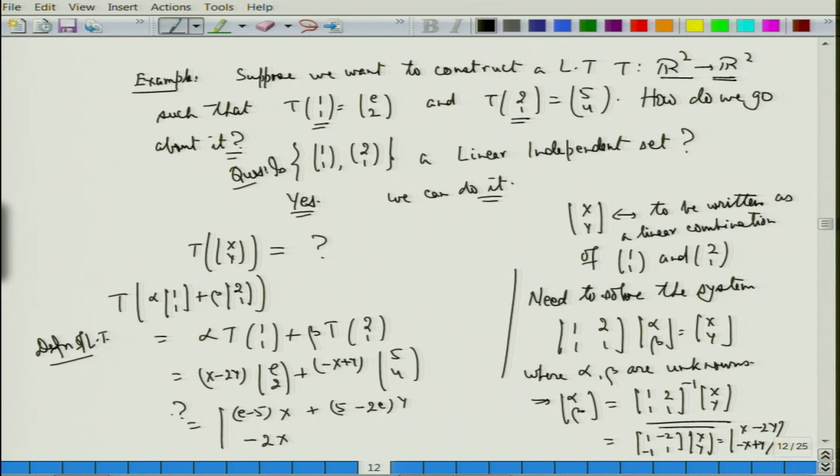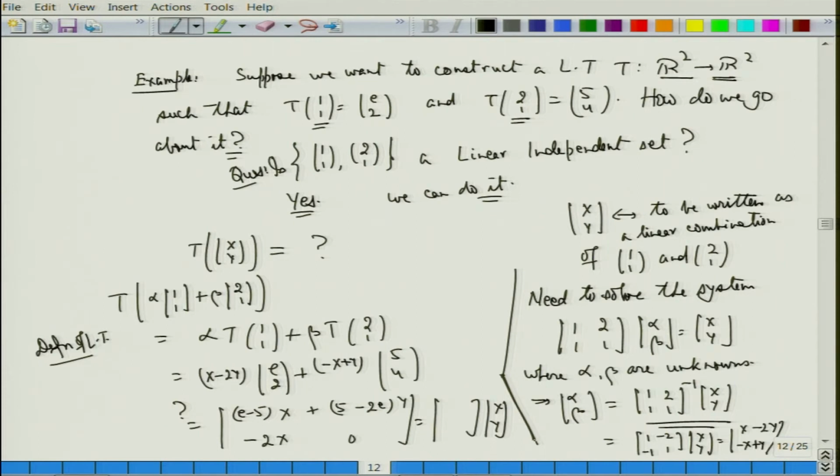Please check, I always make mistakes. Minus 4y and plus 4y is 0. Is that okay? So this is again a matrix times (x, y). This is what I want you to see, that you can compute it. That is one thing. Fine.